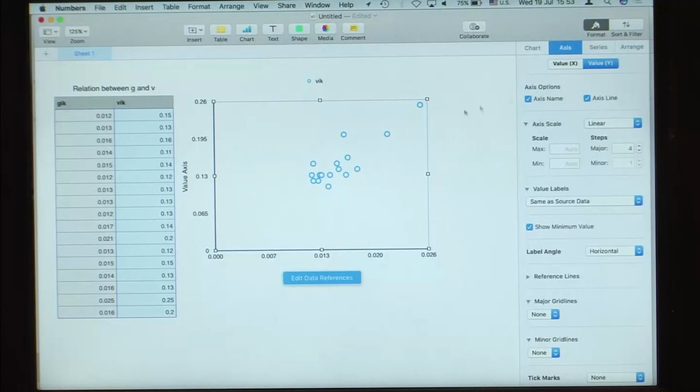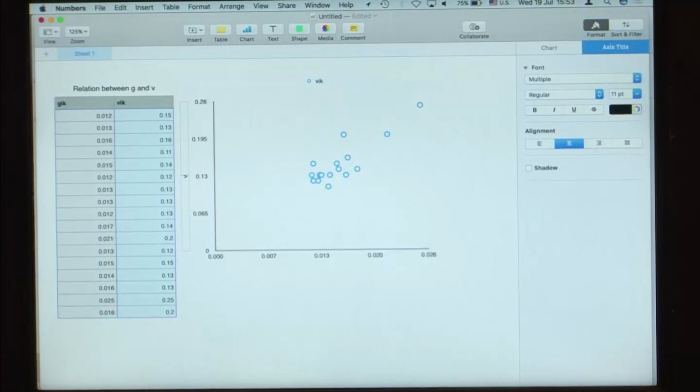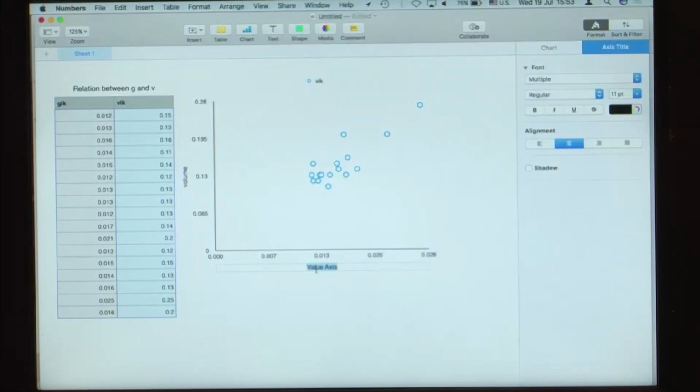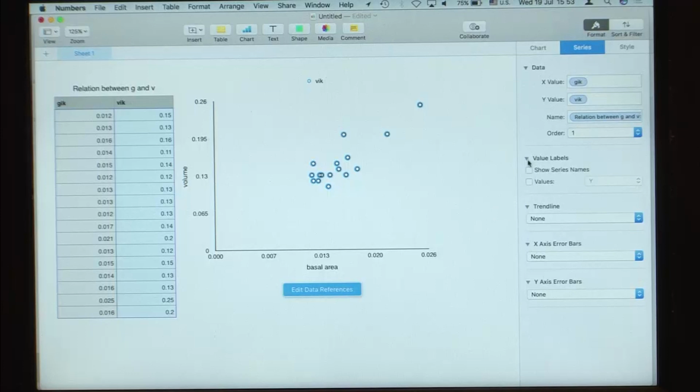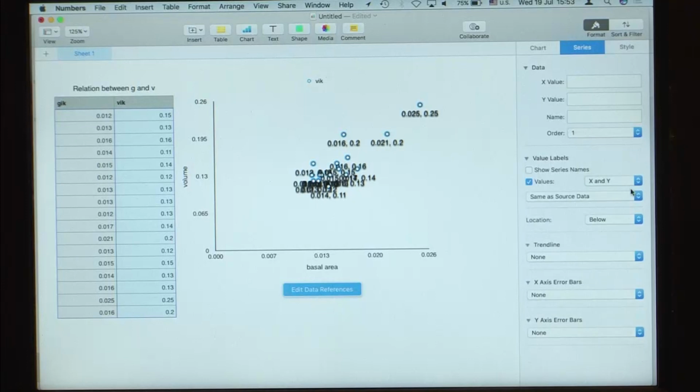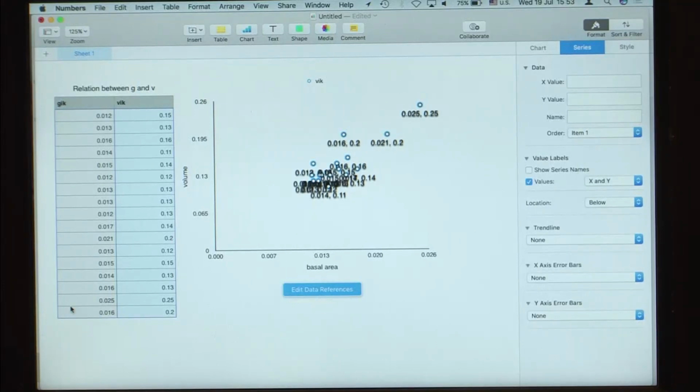Now here we have the volume and here we have the basal area, and all these locations are telling us the values. For instance, if we looked at this value, this is 0.025 and 0.025.